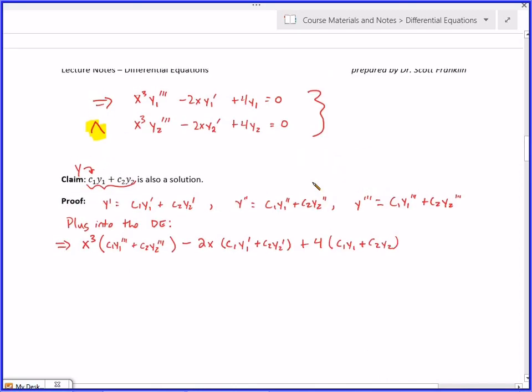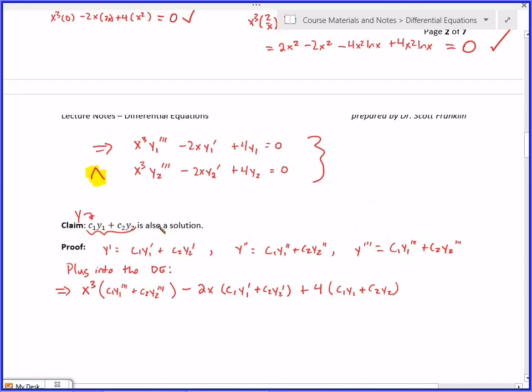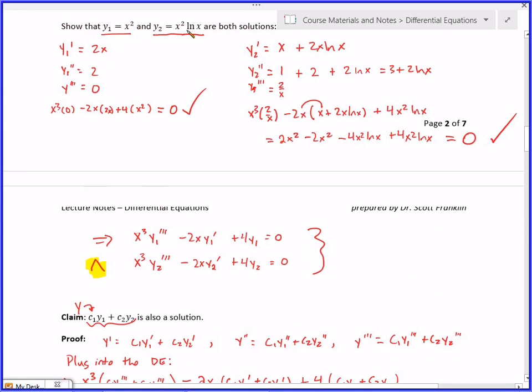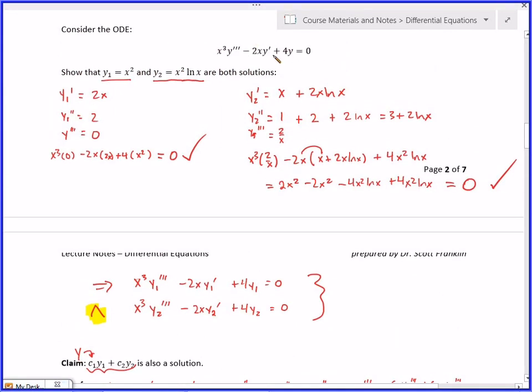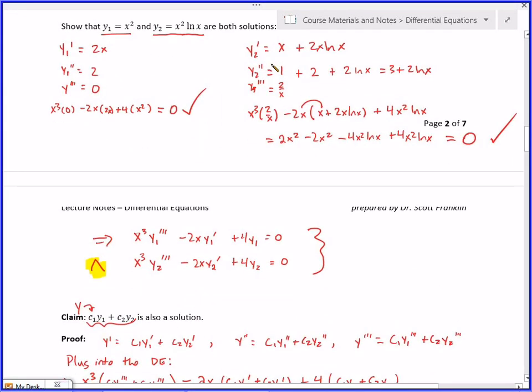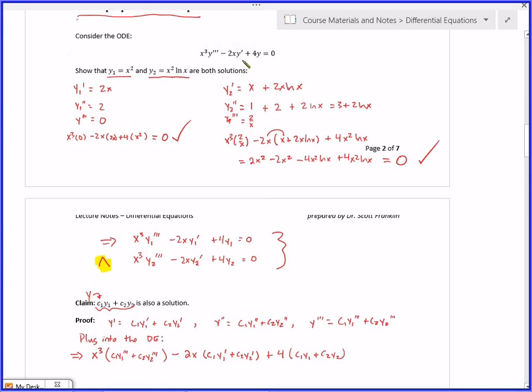All I did was take this new y and plug it in up here to the original equation. Okay? See it? Everywhere there's a y triple prime, I put this. Where there was a y prime, I put this. And where there was a y, I put the new y.